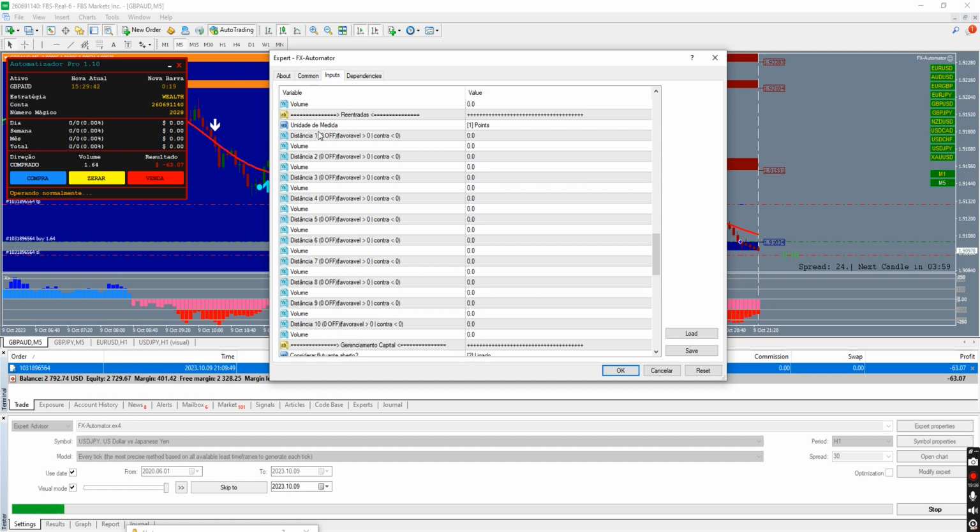Then you still have this, where you can make the re-entries manually. Say that I have this trade open.